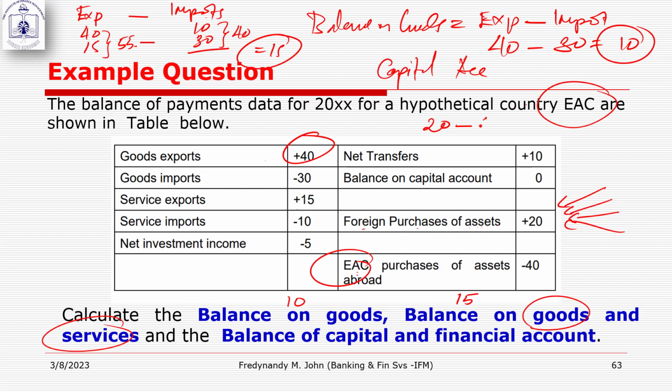Those assets are worth 40. Therefore, the balance is going to be 20 but negative. What does this entail? You see now here, the balance of capital and financial account is negative 20. This is a deficit.